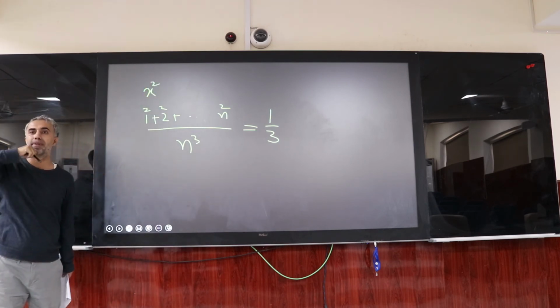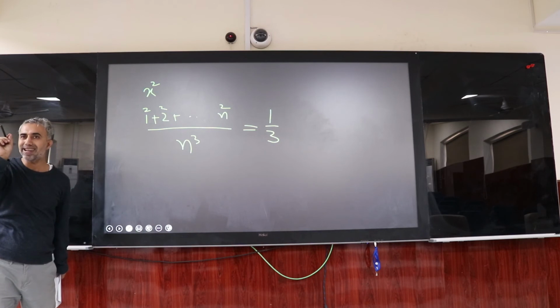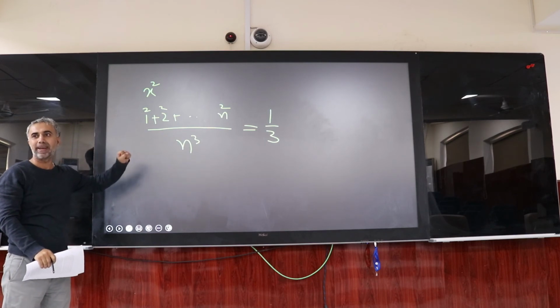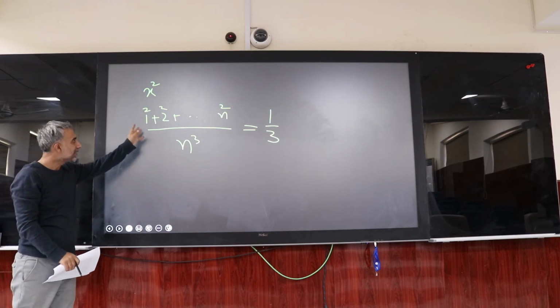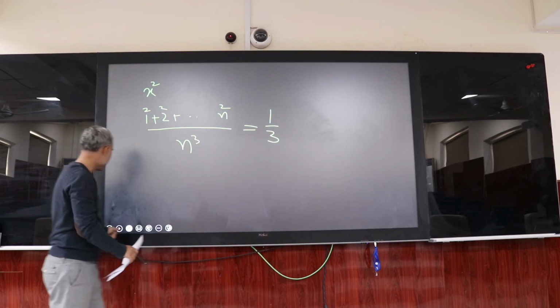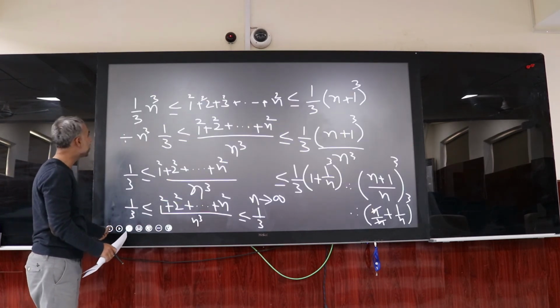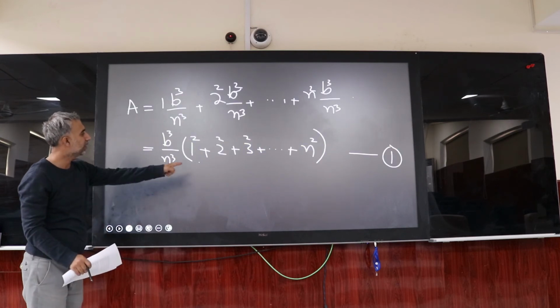We need to sum up from 0 to b with small thickness, small change of dx, small increment. So we considered it in this way, and we noticed this is equivalent to 1/3, and we can substitute this 1/3 in equation 1.